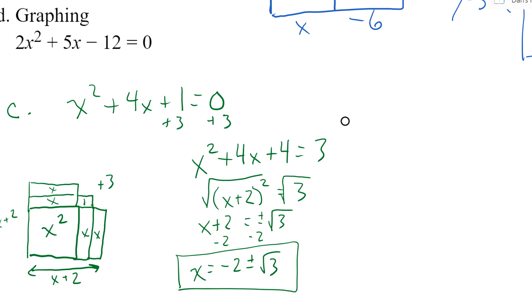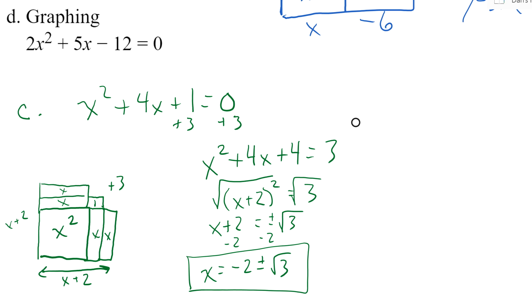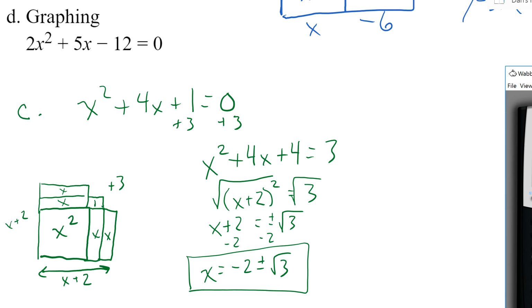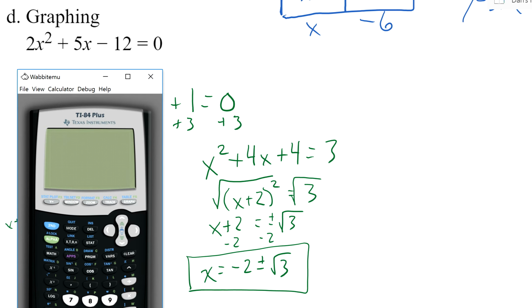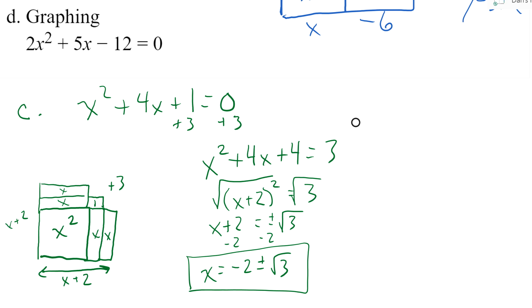Okay, graphing is the easiest. It's also the hardest to show the most work. So for graphing here, you can actually enter right in your graphing calculator and then sketch it on your paper.